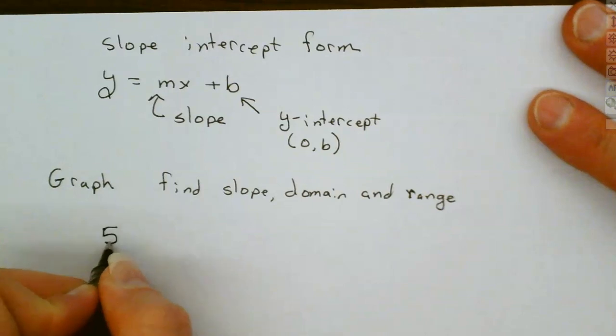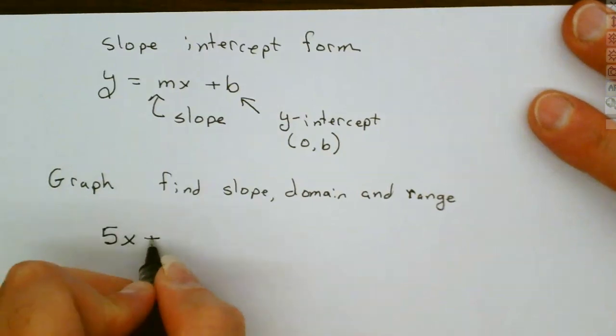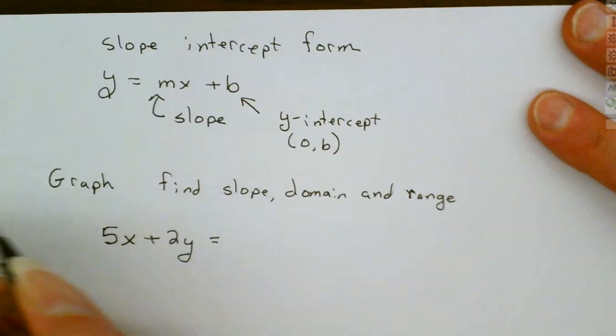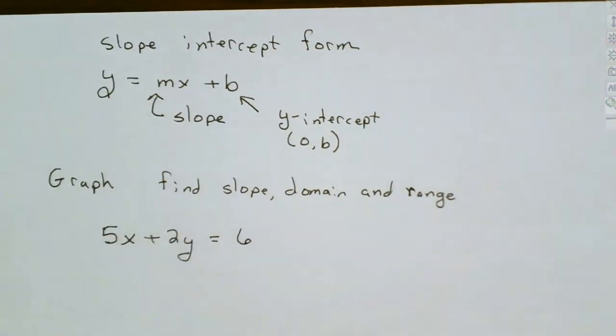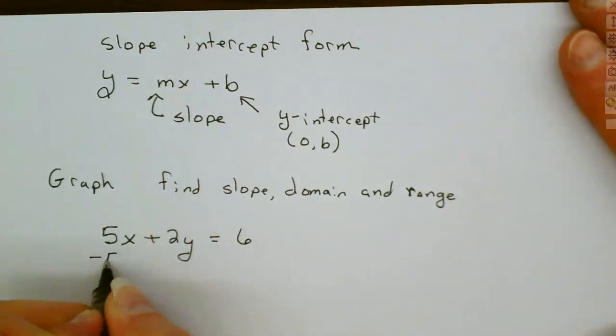Let's look at this one. How about 5x plus 2y equals 6? So what I want you to do is begin by solving it for y. So anytime we have an equation, we need to solve that equation for y. And that's going to get it in slope-intercept form.